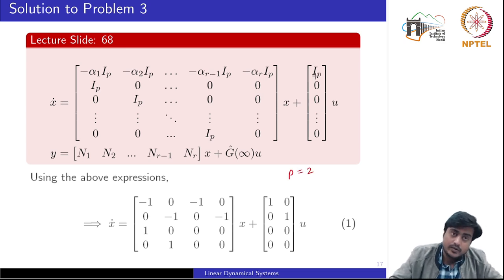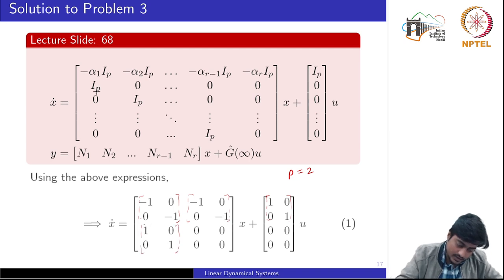So here we would have IP, which would be an identity matrix of dimension 2. So this part is your IP and the rest is 0. Similarly, here we are having the scalar multiplied by the identity matrix of the same dimension. So this part is minus alpha 1 IP, and this part is minus alpha 2 IP.